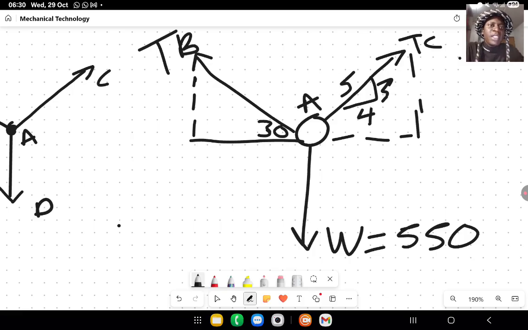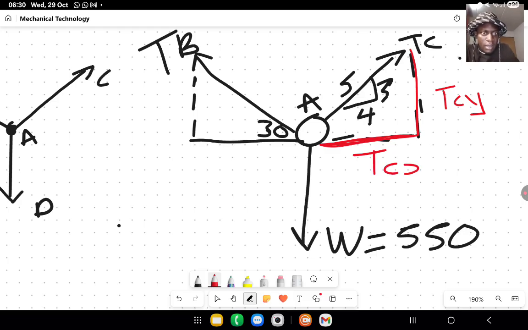Let me use another color for us to understand. On our components X and Y, here is TCY and here is TCX. I hope you understand, because this is TC, but we are now doing the components.